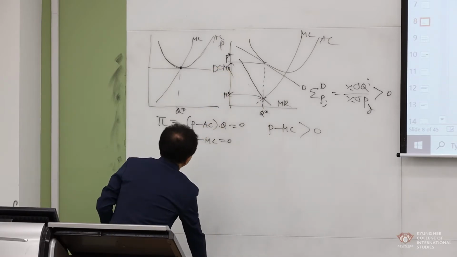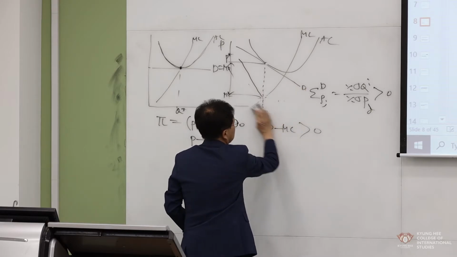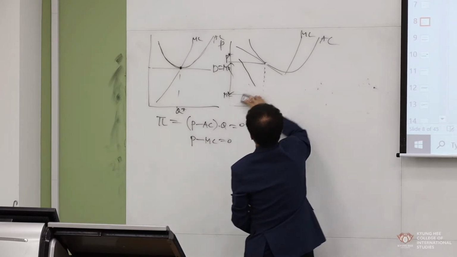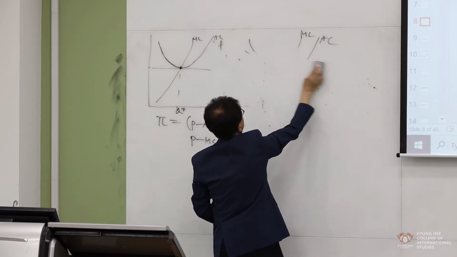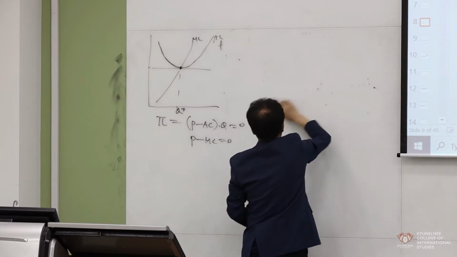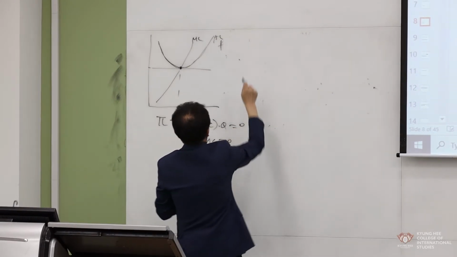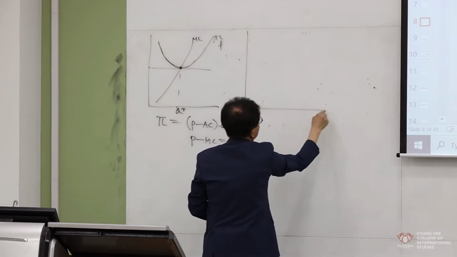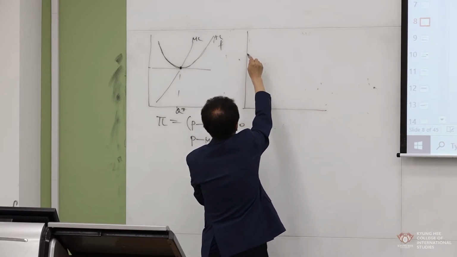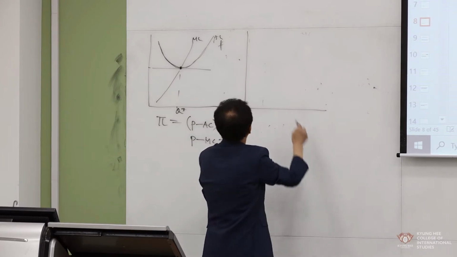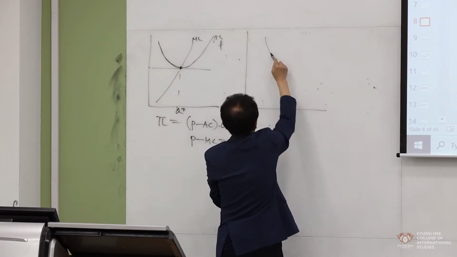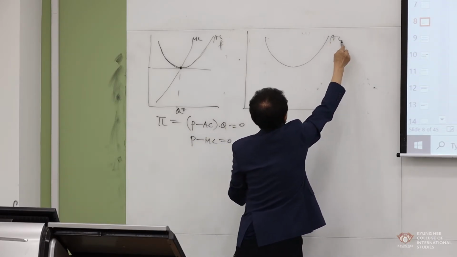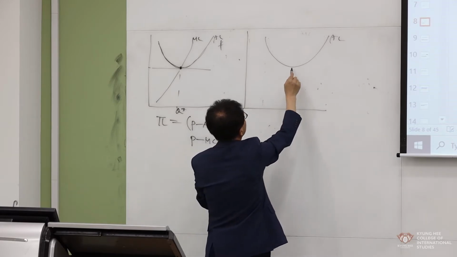So I'd like to graph this one again. For example, like this, right? How can I draw it? The average cost curve is like this, right?